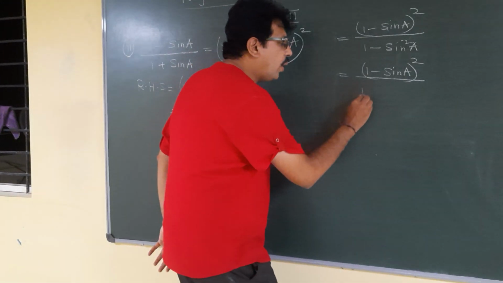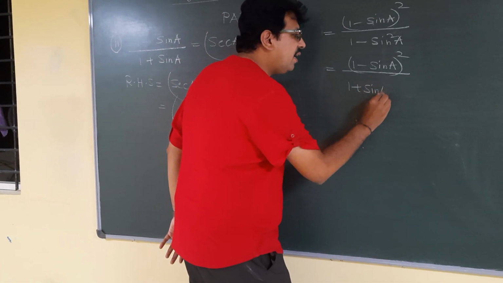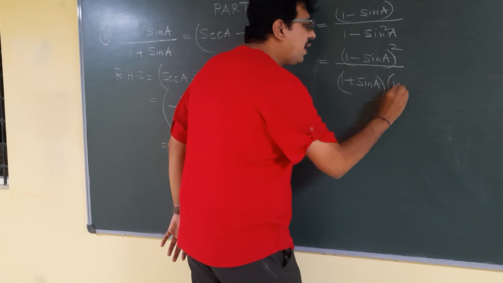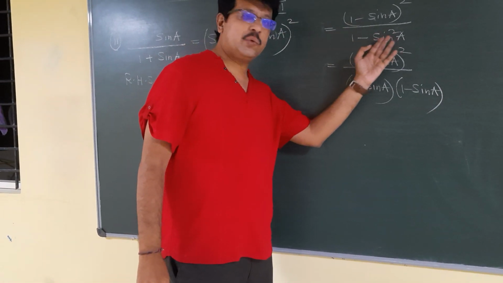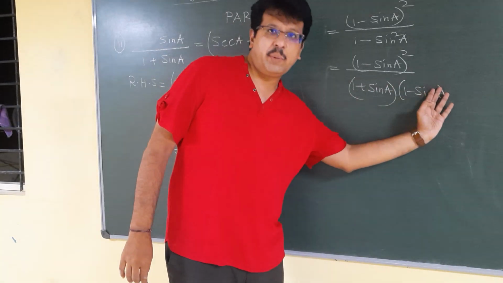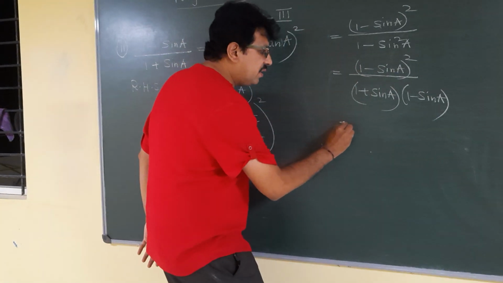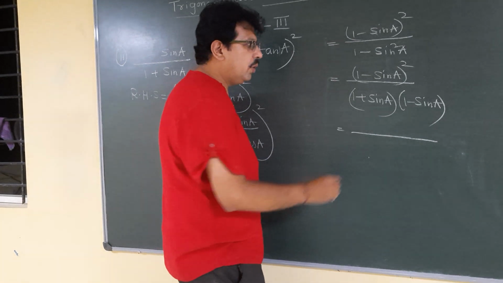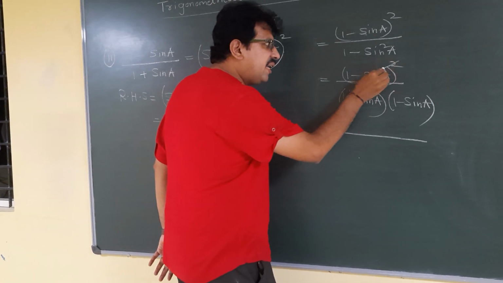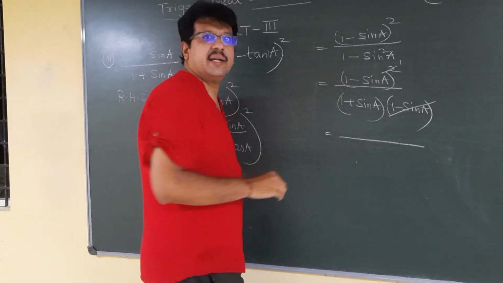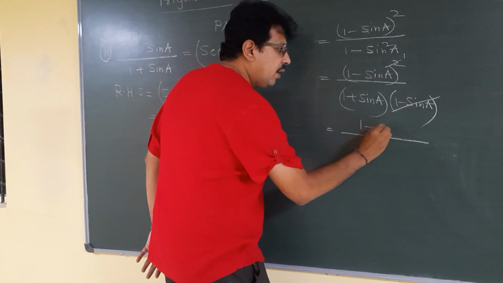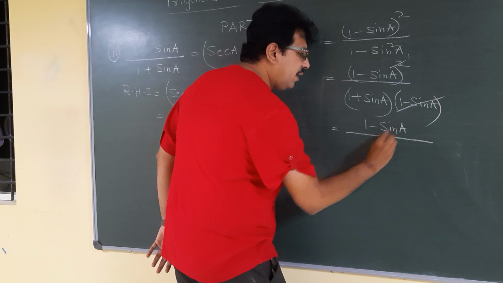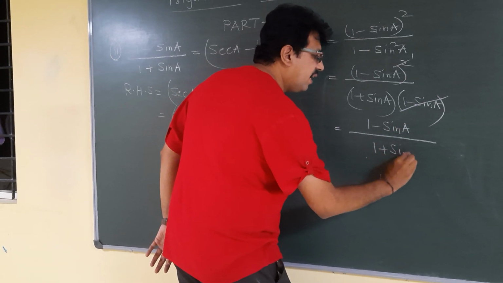It is 1 plus sin A into 1 minus sin A. This is a formula: a square minus b square is a plus b into a minus b. So after this, you know very well, all of you, 1 minus sin A and 1 minus sin A will get cancelled here, because we are cancelling 1 minus sin A. So what are you going to get? 1 minus sin A by 1 plus sin A.